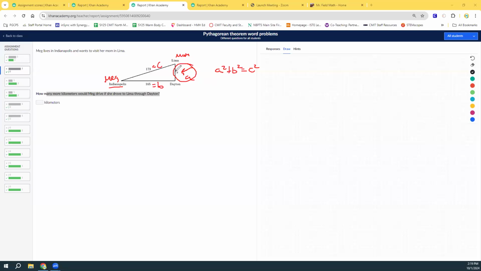But I know that won't be my final answer because I want to know how much longer it is to go through Dayton than to go straight there. But I still need to find that value. So that's x. So x squared plus 165 squared equals 173 squared.